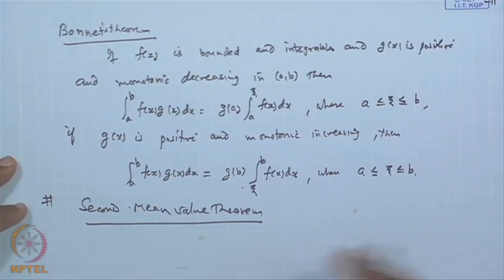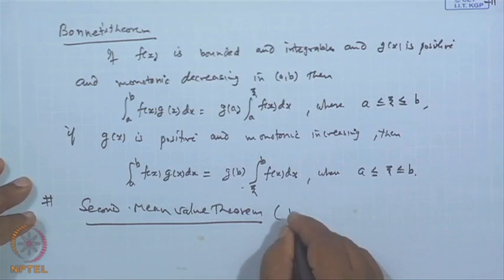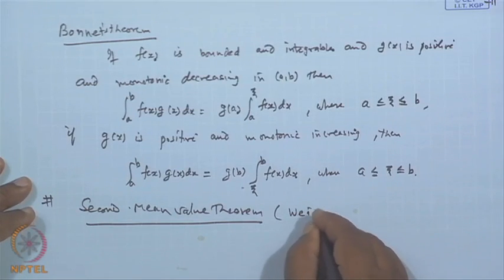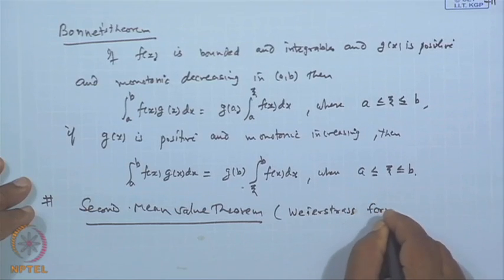The second mean value theorem is also known as the Weierstrass form.